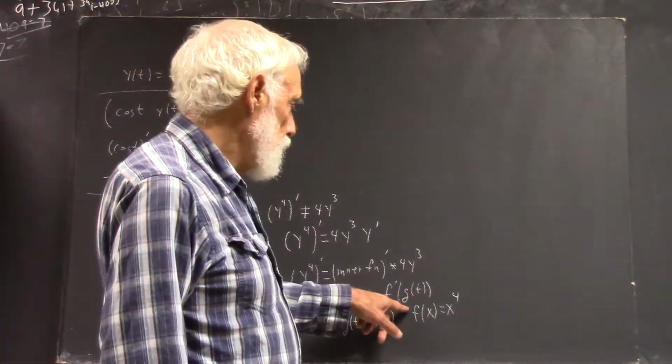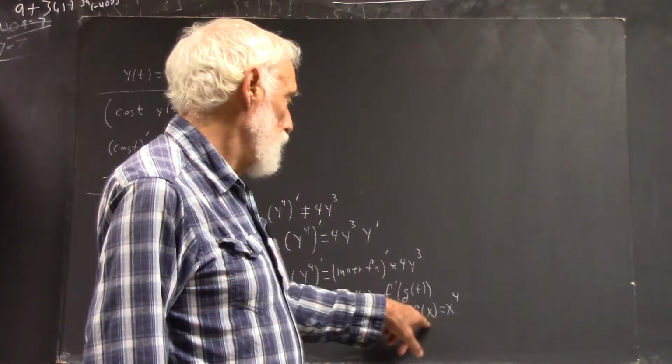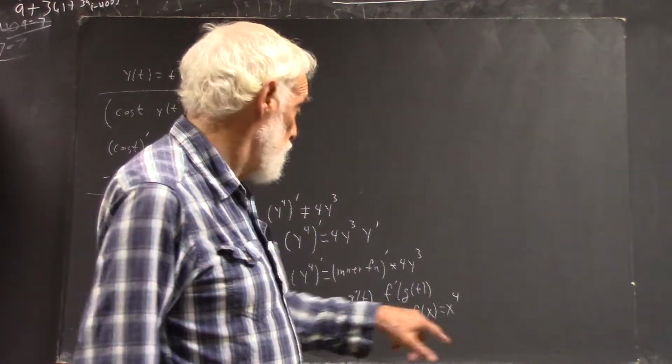So f of g of t is your f of y of t, which is the fourth power of your y of t.